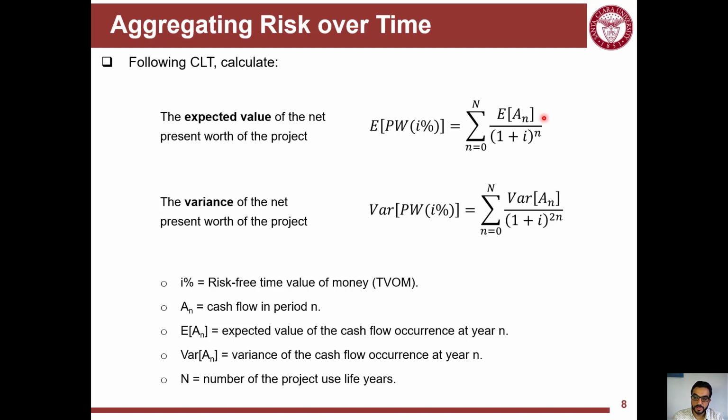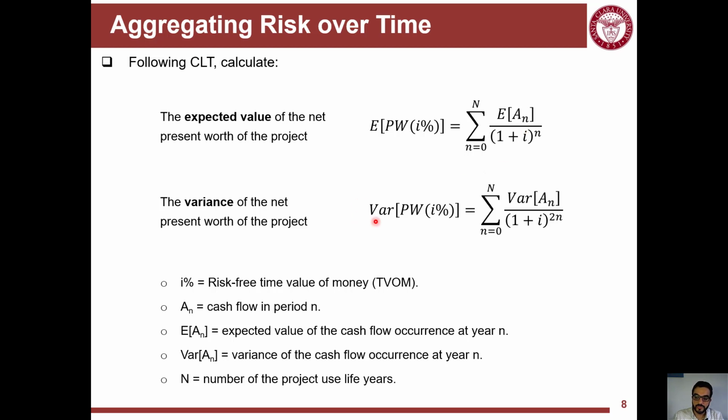But remember, we're discounting here, so we are accounting for the time value of money, so we're dividing by (1 plus i) to the power n. So that's the expected value. The expected value of the net worth of the whole project is the sum of expected values we got from the optimistic, pessimistic, and most likely estimates, discounting every year to the present by dividing by (1 plus i) to the power n.